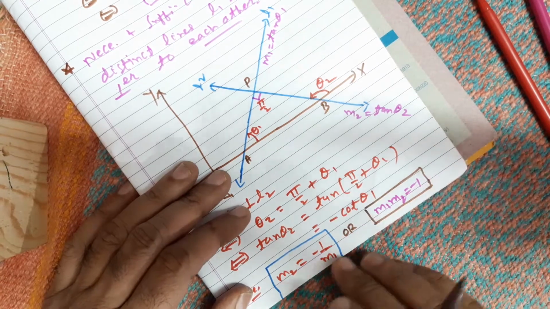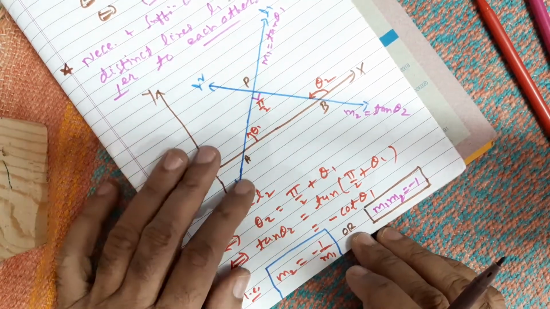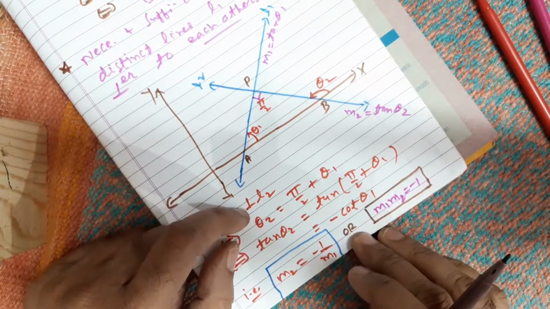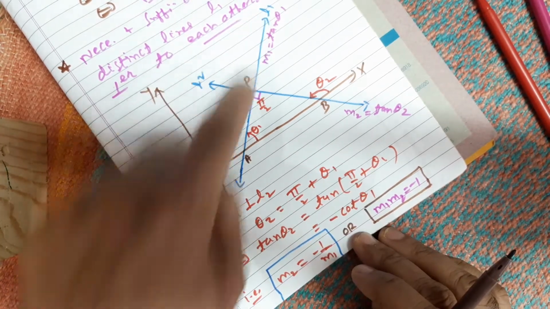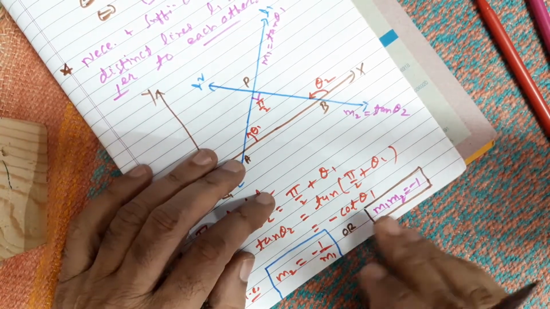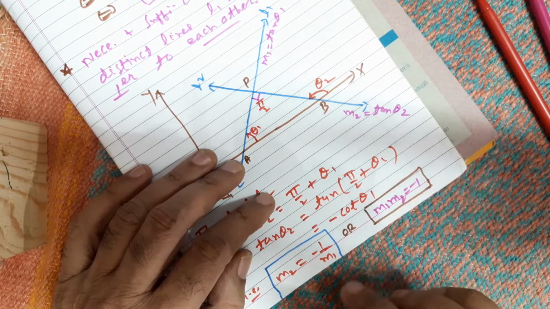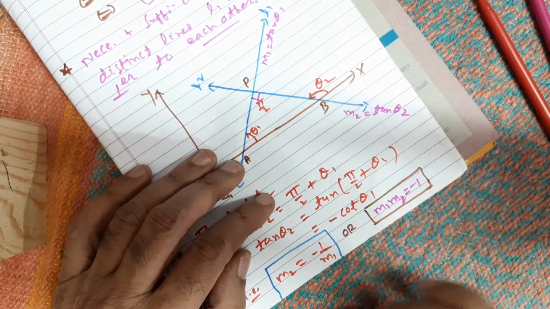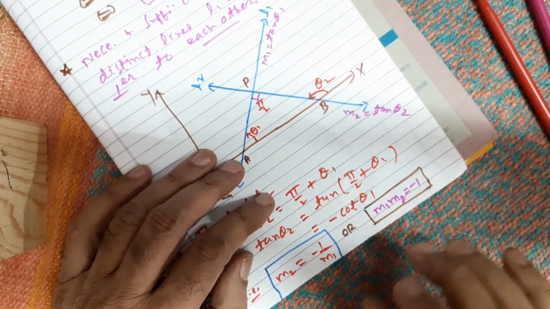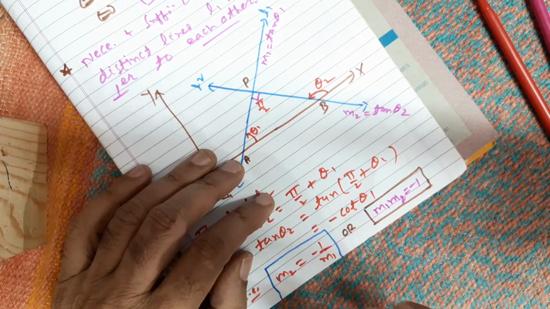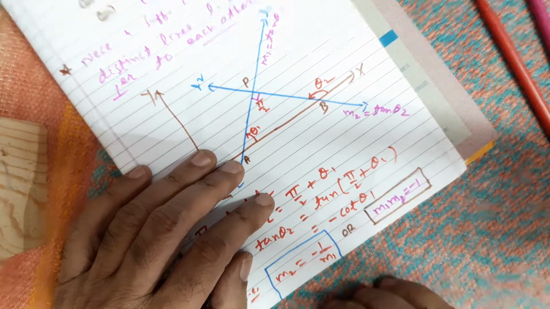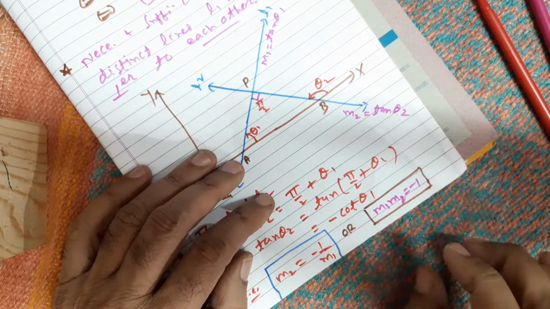For instance, suppose the slope of L1 is 3. Then what would be the slope of L2? L2 slope will be minus 1 upon 3. Negative reciprocal. Minus 2, then its negative reciprocal will be 1 upon 2.